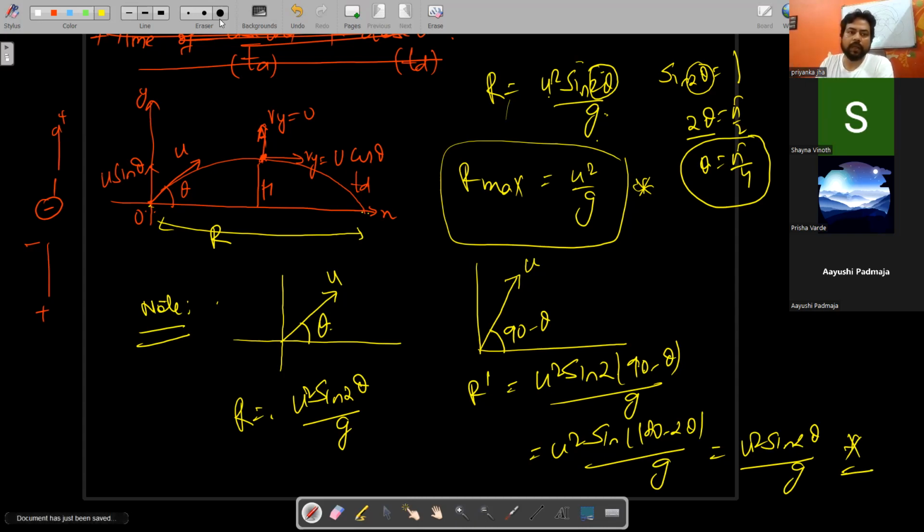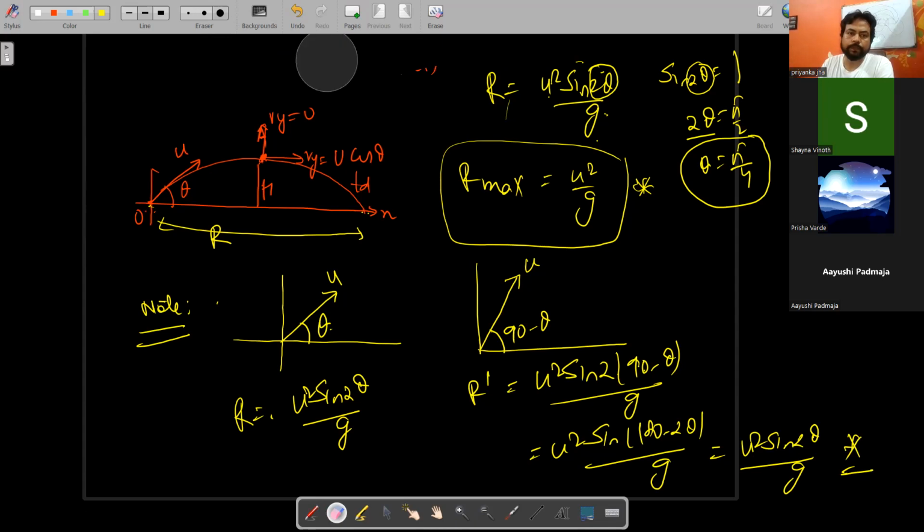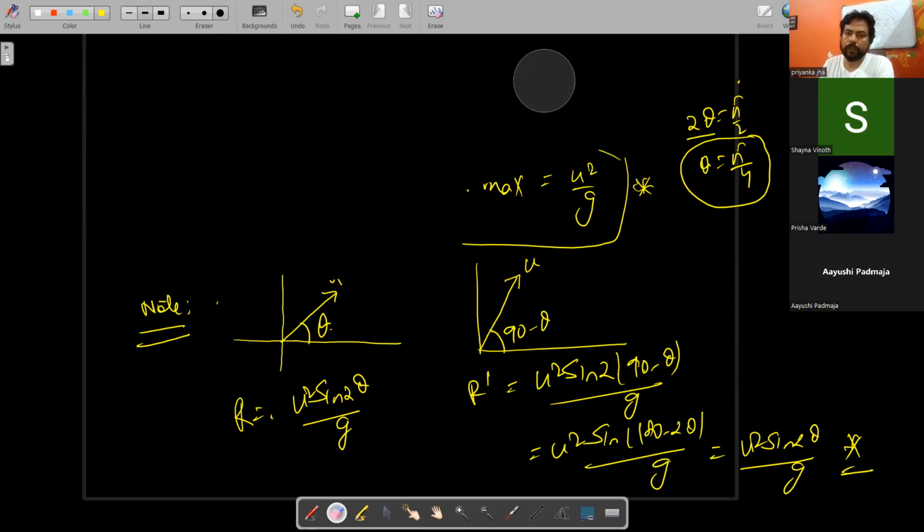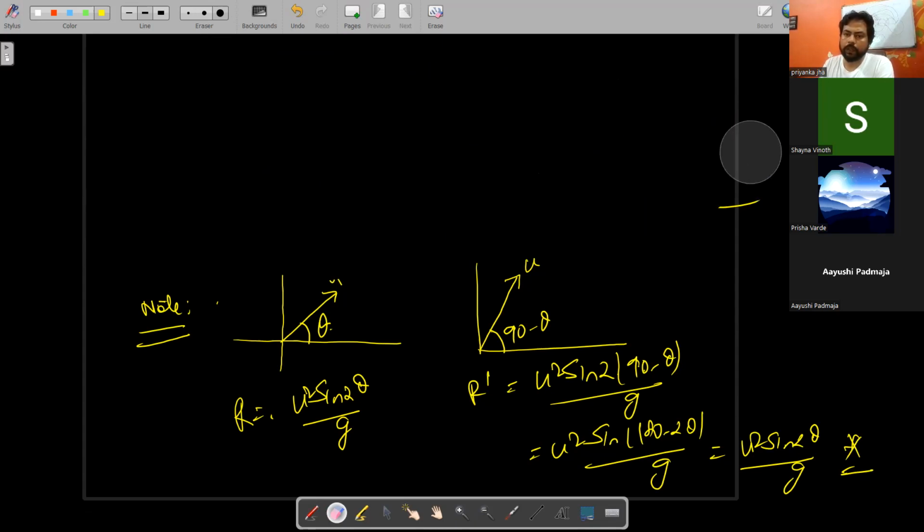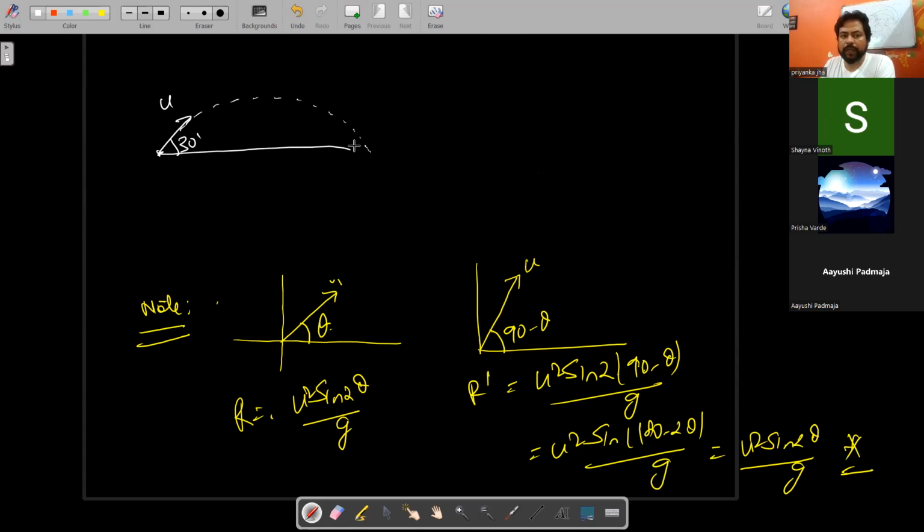Like if I give you an example, suppose you throw a ball from here with some speed u at some angle theta. It will follow this path and come over here. But suppose there is a long wall whose height is more than its maximum height.